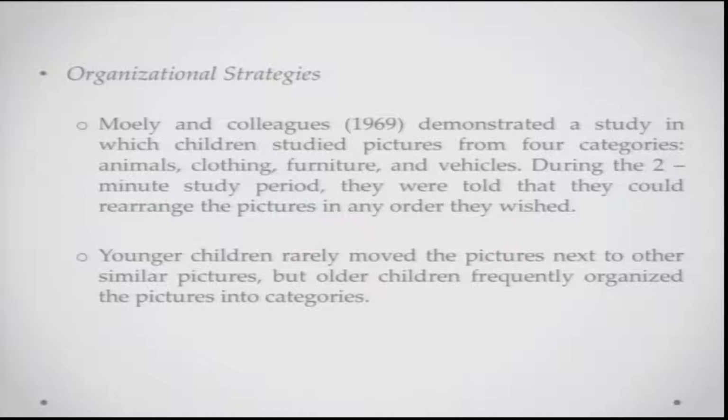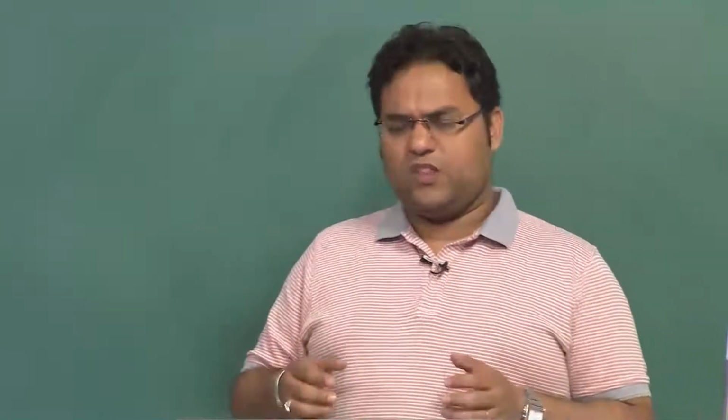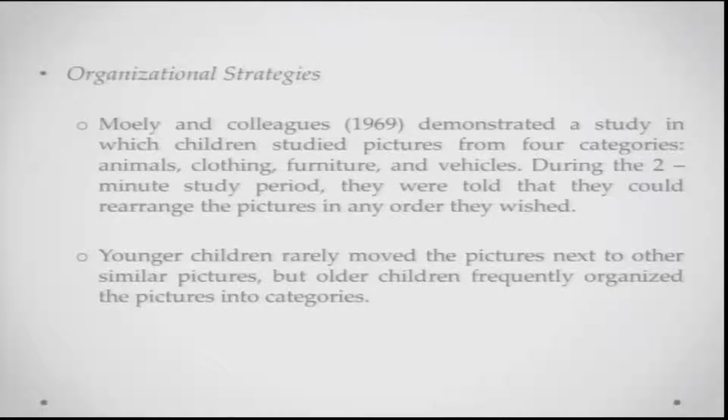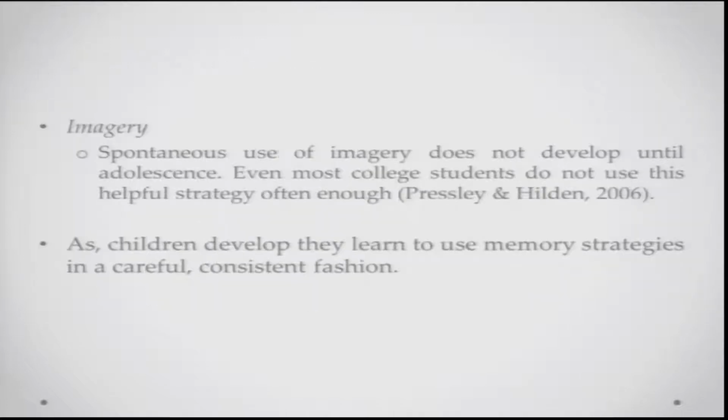If you remember, in the memory chapter, we talked about that if you start classifying things in categories, you might be able to retain them better. But young children could rarely move the pictures next to each other, they could not bring similar pictures together. Older children, however, appreciated the rule, and they frequently organized the pictures into these different categories.